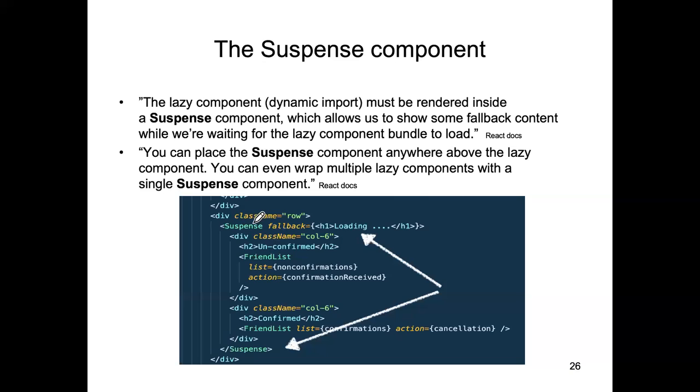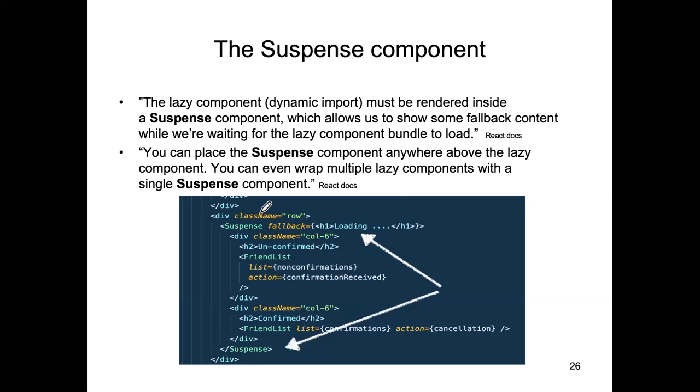And the fallback JSX that it asks the browser to render while it's waiting is whatever you assign this prop to. I'm just assigning it to an H1, but I could have another component referenced here, assuming that other component is a static import. It can't be another dynamic import, because then I'm in kind of an infinite loop situation.